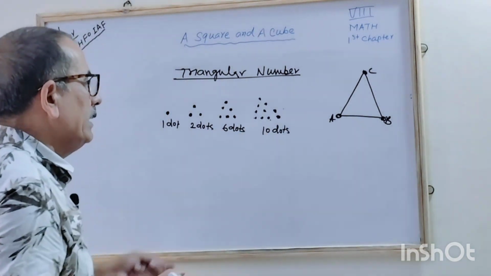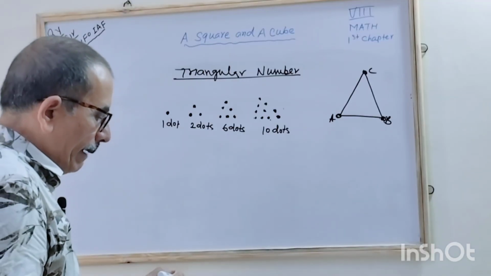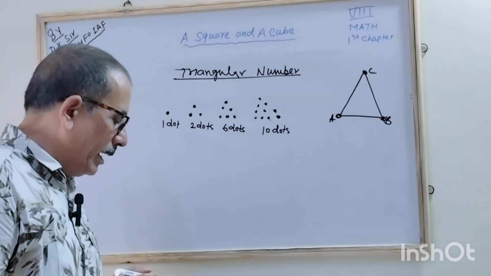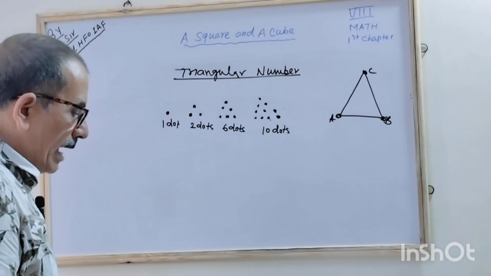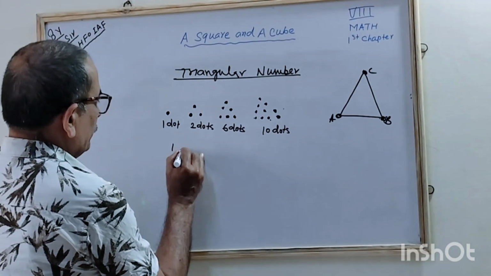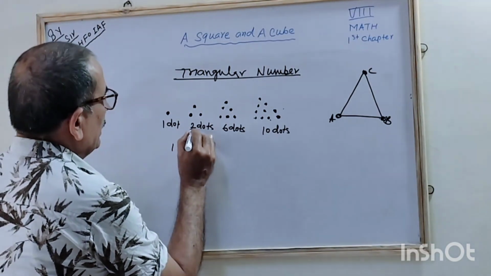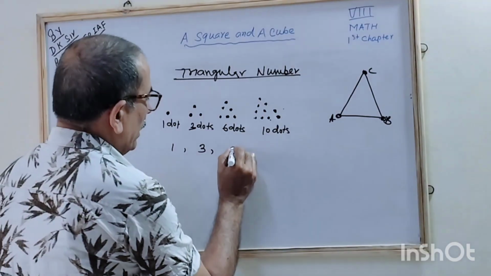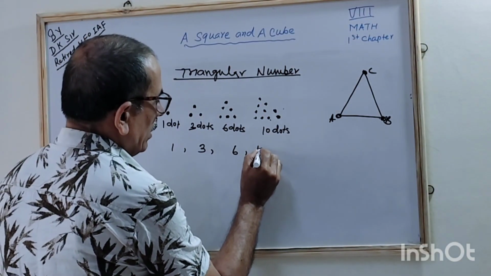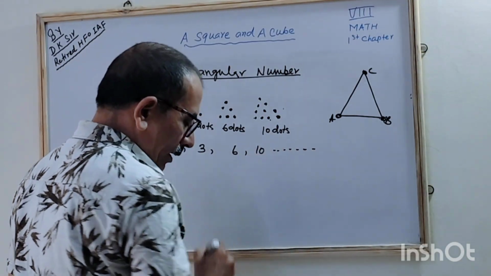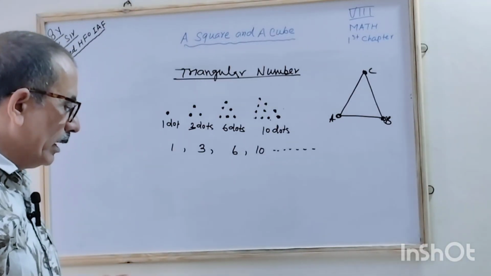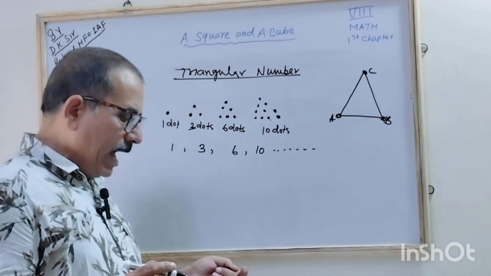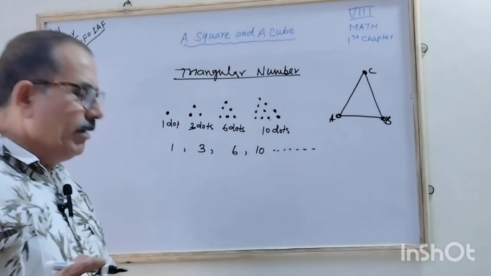So you can find the triangular numbers. In the triangular numbers you find that it is 1, then it comes 3, the next comes 6, the next comes 10, correct? So that way we can find out. I'll give you one formula also by which you can find out.